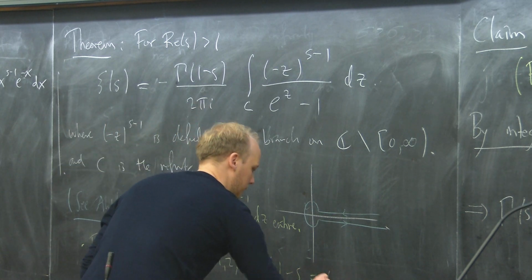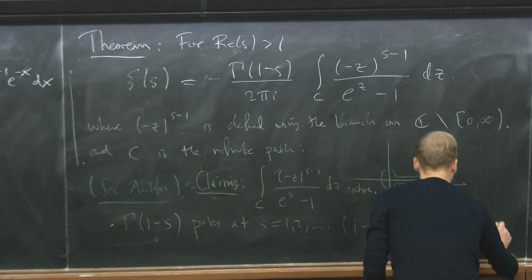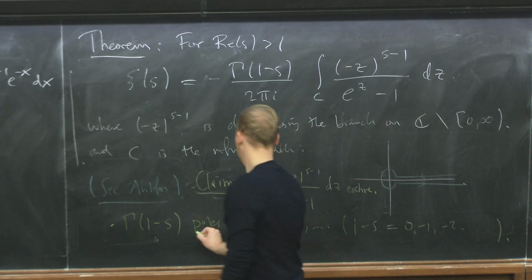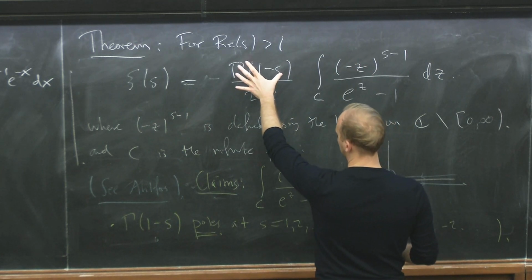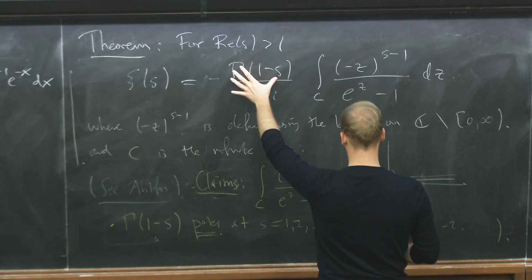So these are the poles of this gamma function. So this one is entire, and this one has poles when s is equal to 1, 2, and so on.